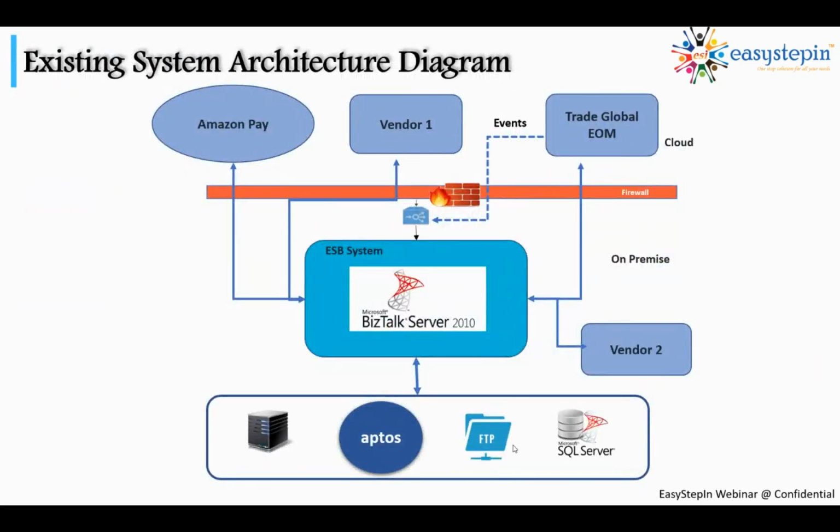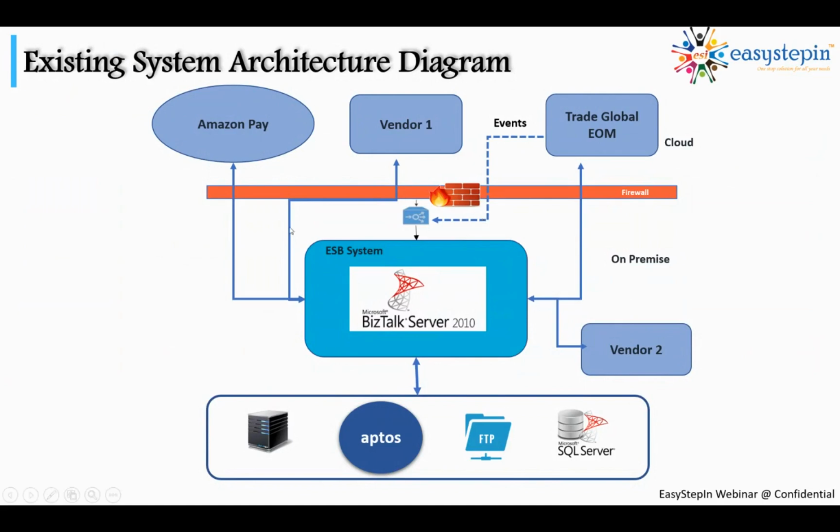All right. So, as I mentioned, they were using BizTalk. There are applications which are in cloud, and there are a few applications which are behind a firewall, which is on-premise. So their BizTalk service was also on-premise, behind a firewall. So connecting to a cloud application was a complex design for them.